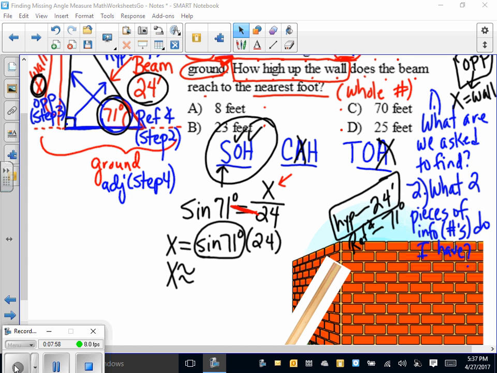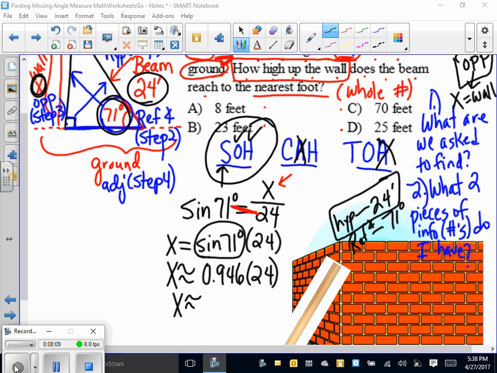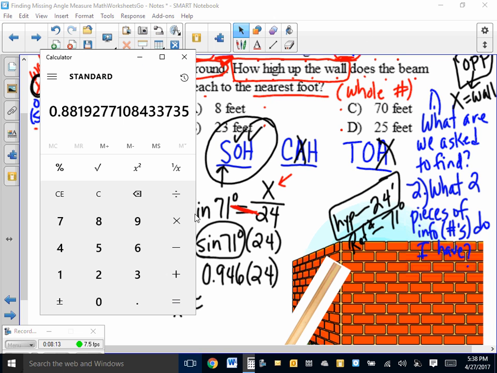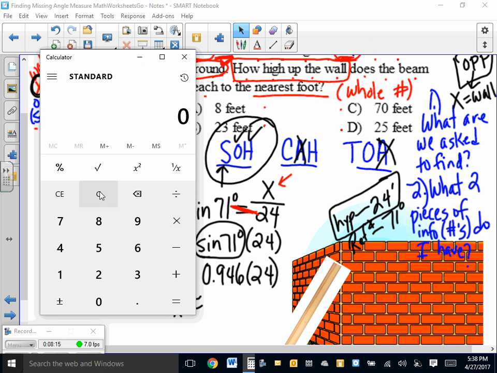Alright, sorry about that. Technical issue. Okay, so from our table, we know that sine of 71 is 0.946, times 24. Okay? So I know that x is going to be approximately, so we're going to get our calculator, and we say 0.946 times 24, and we get 22.704.